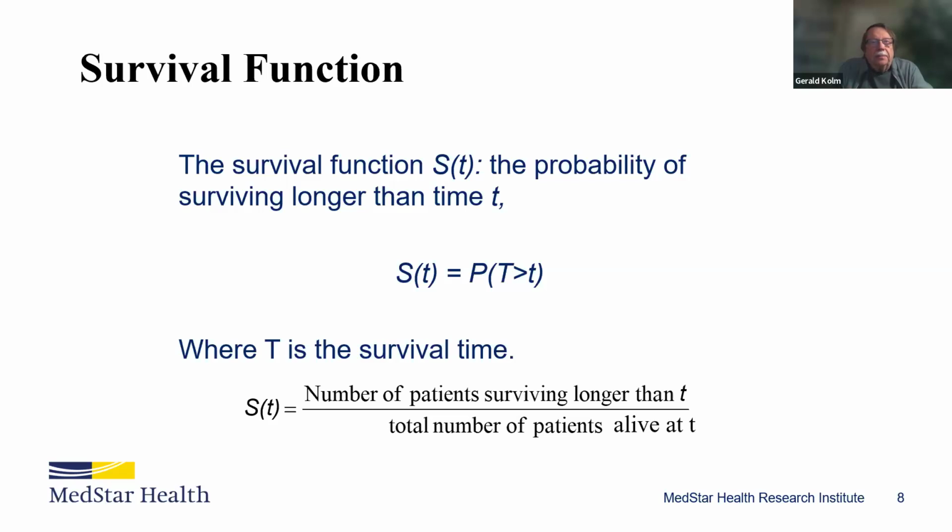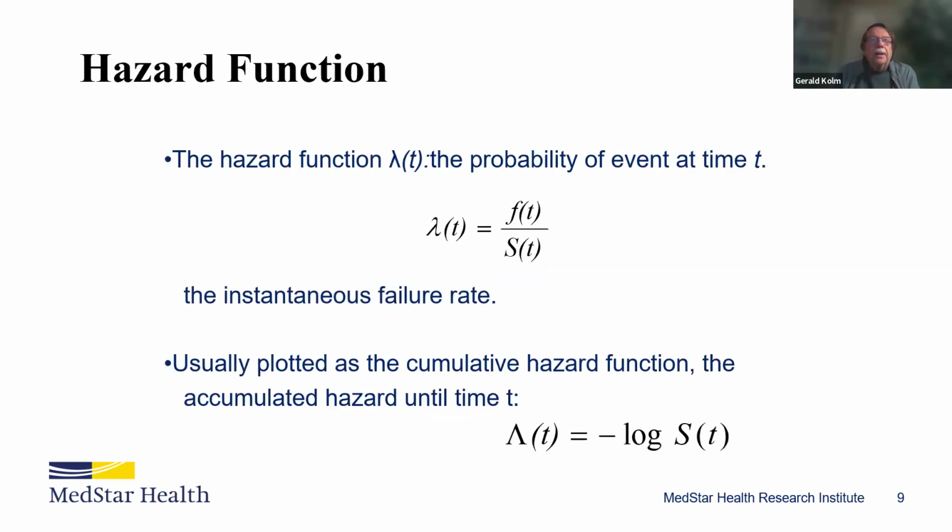And so the calculation is just the number of patients surviving longer than t divided by the total number of patients alive at time t.